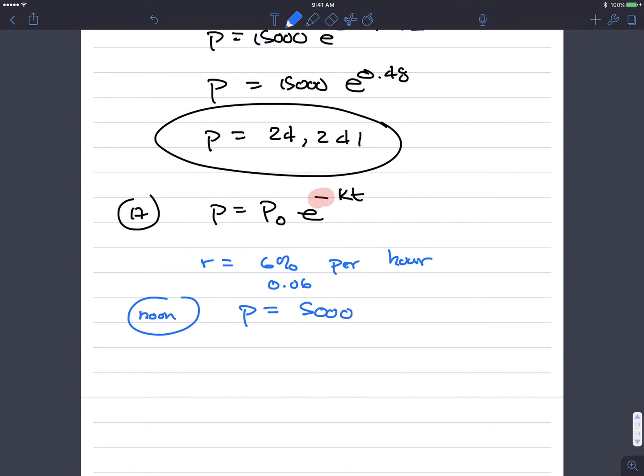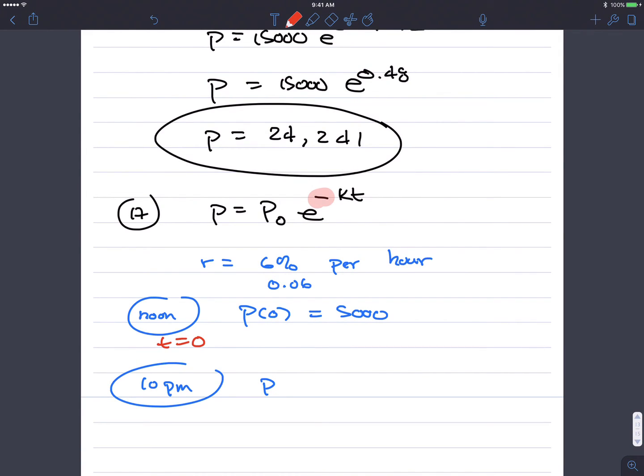They apply antibiotics. How many pesky bugs are present at 10 p.m. the same day? So 10 p.m. is what we want to know. Why is this P of 0? Noon is where you start the clock at T is 0.